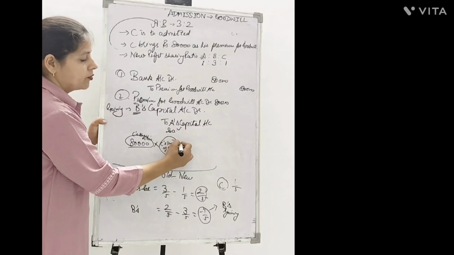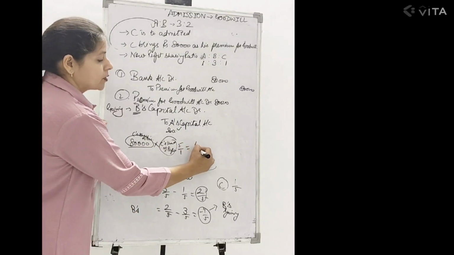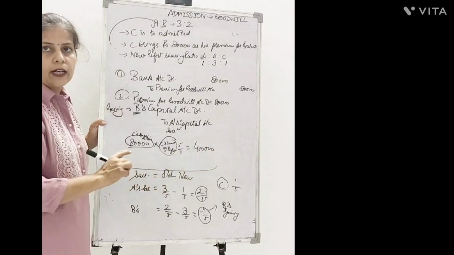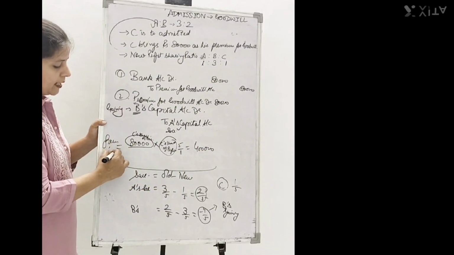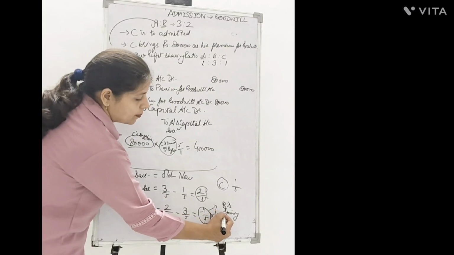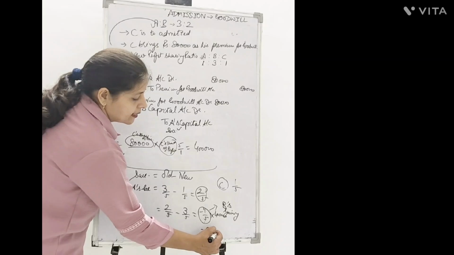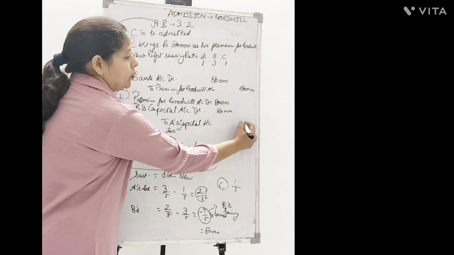Taking its reciprocal, we get 5/1. So how much is the firm's Goodwill? That is rupees 4 lakh. And now out of 4 lakh, how much should B sacrifice? That is 80,000. He should also pay 80,000 to A.